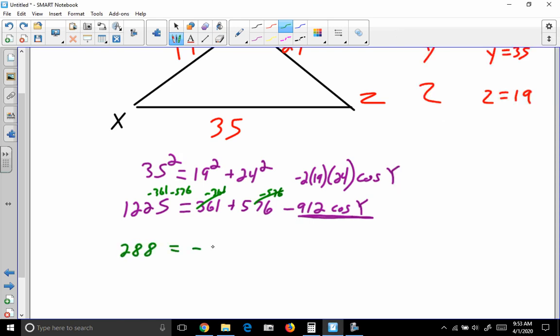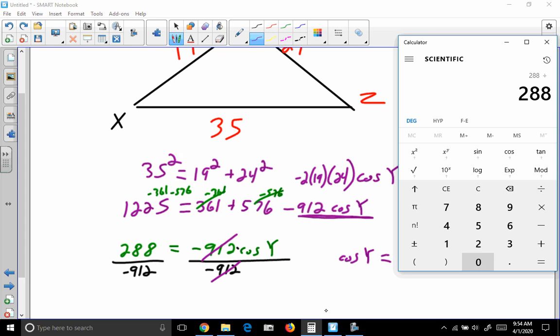And on the right side, we have minus 912 cosine Y. So the opposite of multiplying is to divide. So divide both sides by minus 912. So those cancel. So we're left with cosine Y equals 288 divided by negative 912. So negative 0.3158.